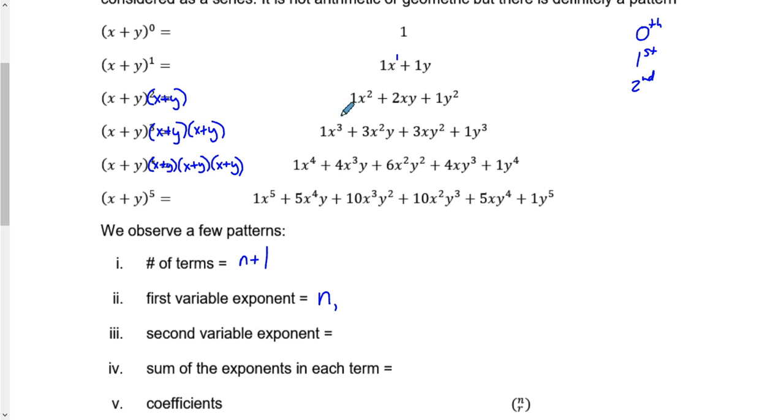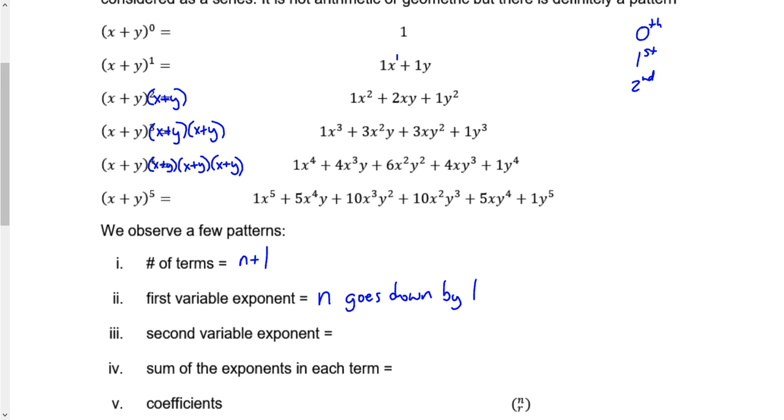And in every single successive term, it's going from 2, then 1, and then there are no x's. This one's going from 3, 2, 1, 0. 4, 3, 2, 1, 0. 5, 4, 3, 2, 1, 0. So it actually starts at n, and then it goes down by 1.